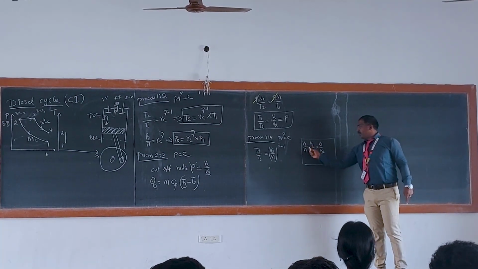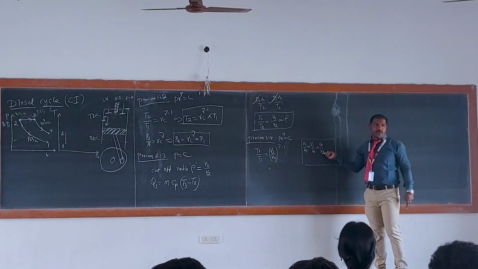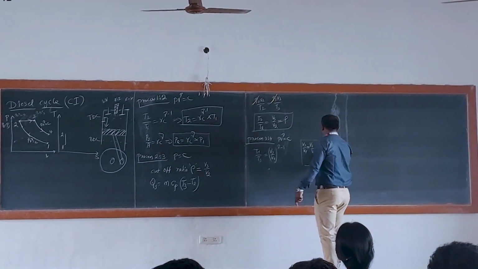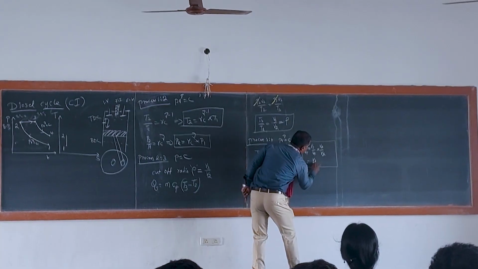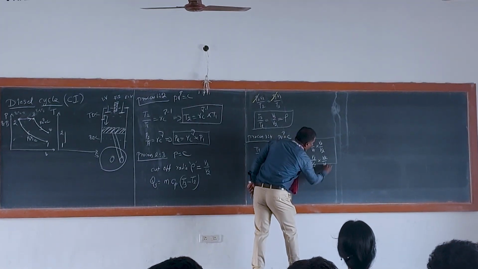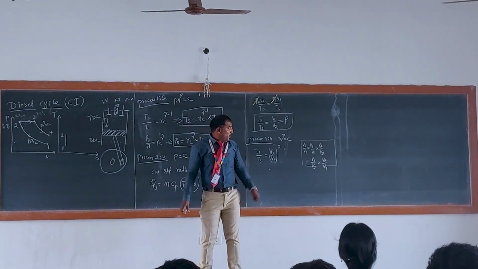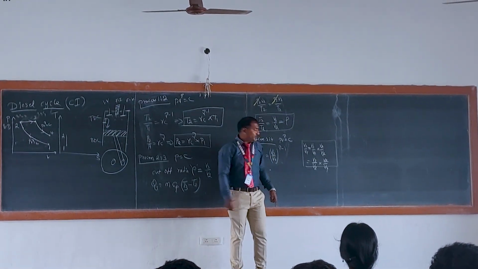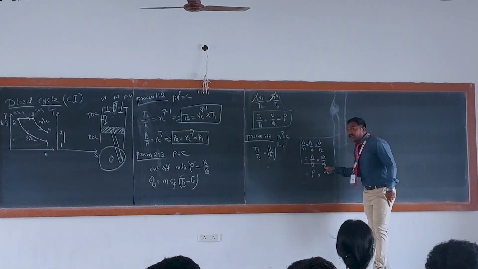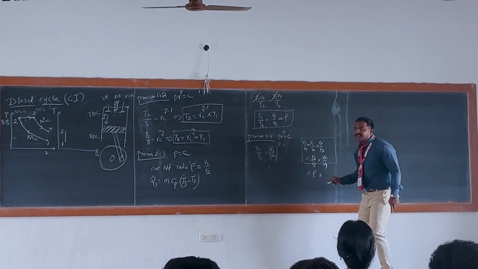The two cancel. I can rewrite this as V3 by V2 into V2 by V4. What is V3 by V2? Rho. Very good. V4 is equal to what? V1. So V2 by V1 என்னது?